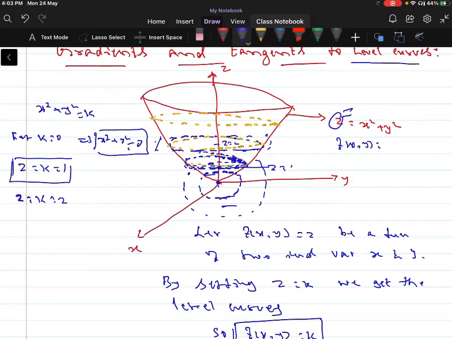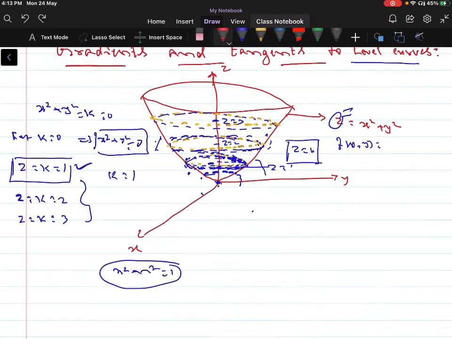So if I take k is equal to 3, z is equal to 3 is a plane which is parallel to the xy plane. Intersecting with the plane at z is equal to 3, again we form a contour line on the paraboloid. K is equal to 0 is a point itself on the xy plane.